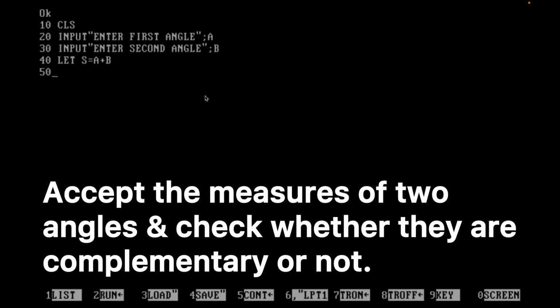Then line number 50, now we'll give the condition. If S, this variable S, is equal to 90, then print, we have to give a message, so complementary, else print, open inverted comma, not complementary.